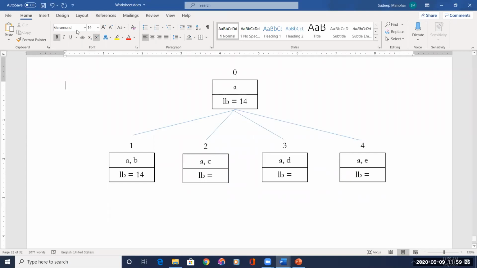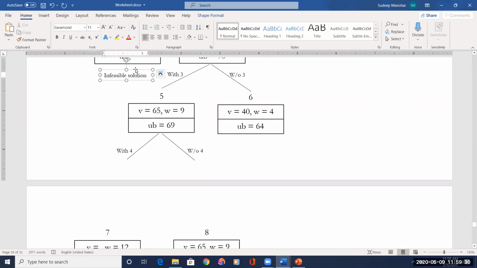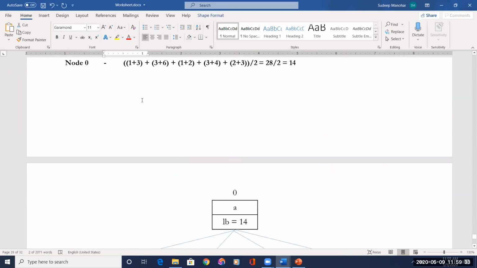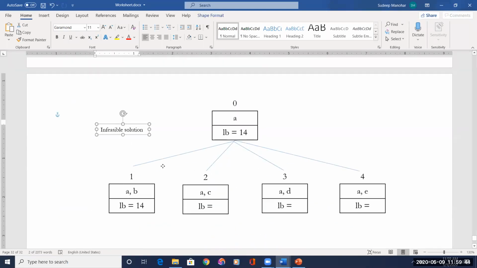I'll write a note here below. So based on this, we can leave this node.